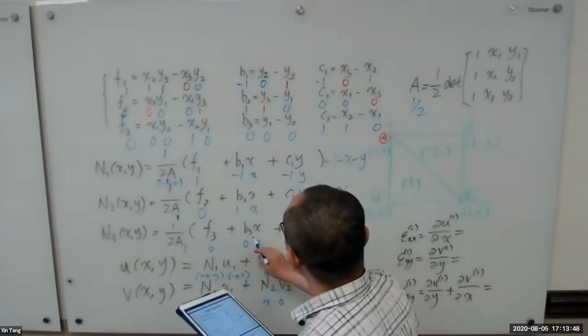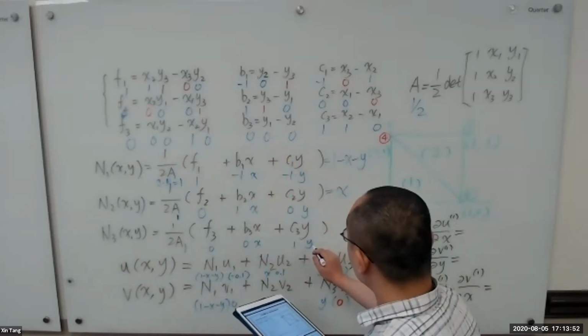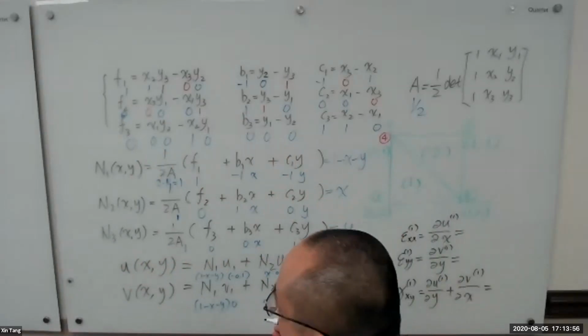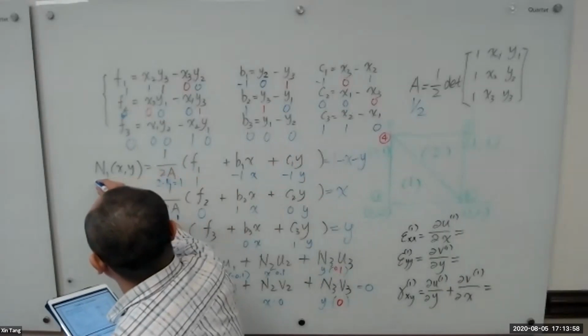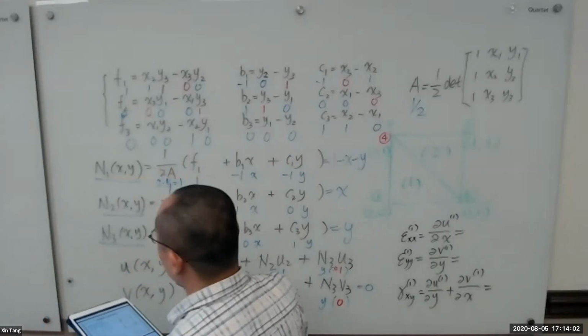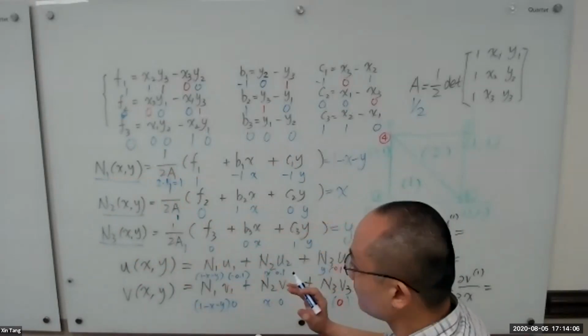B3 times x, B3 equals 0, so this also is 0. This equals 1 times y, so it only equals y. So that's how you calculate N1, N2, N3. These are three important shape functions for the CST element.